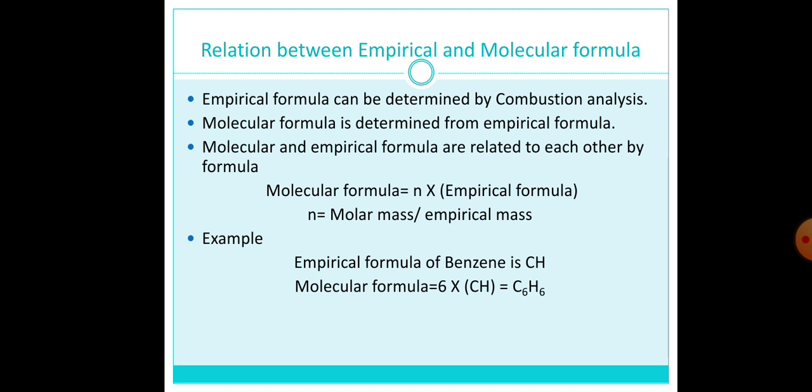We already discussed that we can determine empirical formula by combustion analysis. But we cannot determine molecular formula by a direct method. We can calculate the molecular formula of any compound from the empirical formula, because empirical and molecular formula are related to each other by the n value. n is a simple whole number, a simple integer; its value may be 1, 2, 3 and so on.